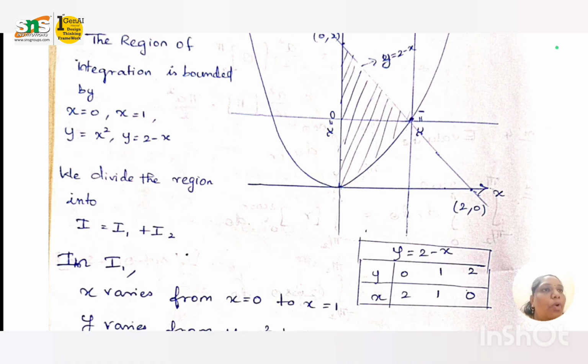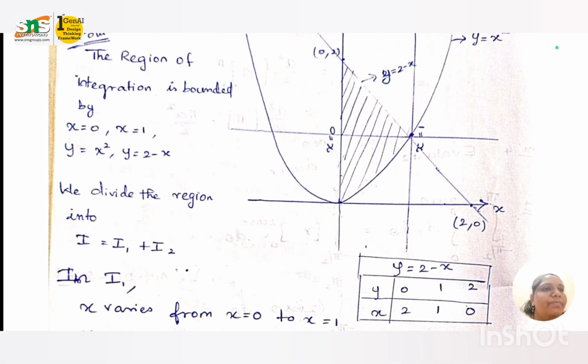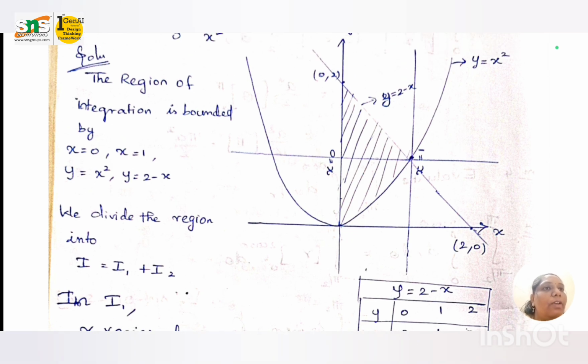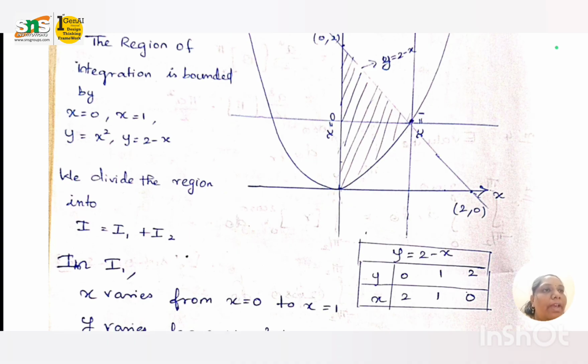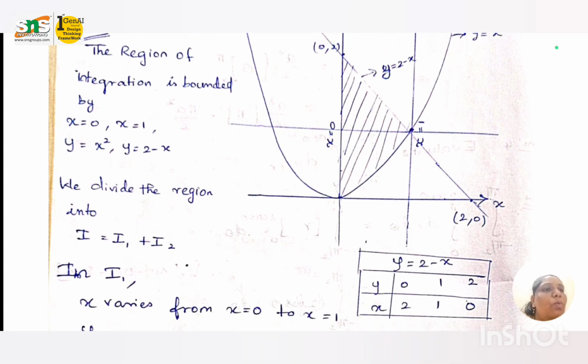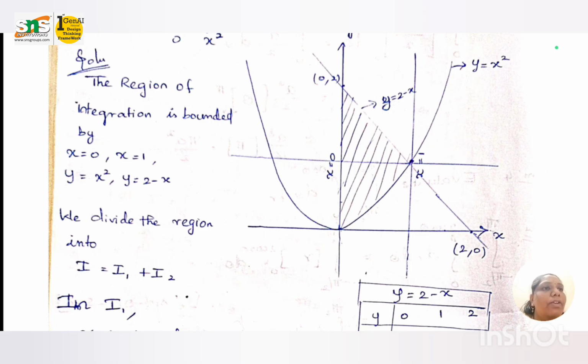So we are plotting these values in the graph. So 2 comma 0 represents the x-axis, and 0 comma 2 will be on the y-axis because y is 2 and x is 0. And then 1 comma 1 is a common point, so we are representing it here.